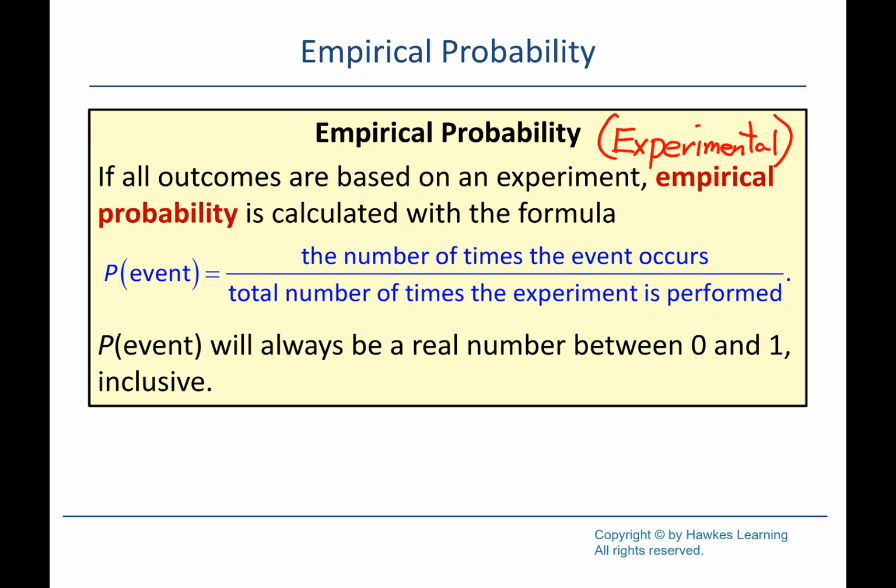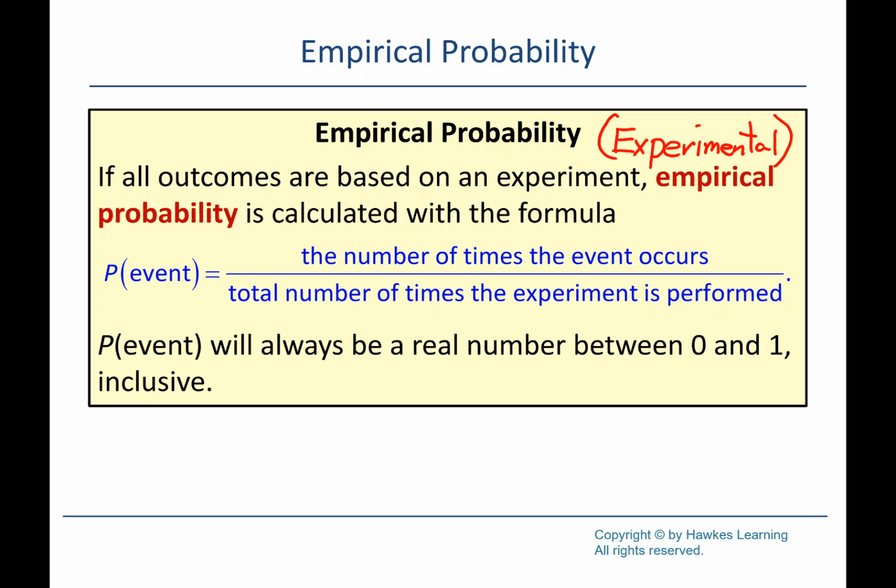So what's going on here is maybe I want to know the probability of somebody's favorite pizza topping being pepperoni. Then in order to do classical probability, I would have to ask every person what their favorite pizza topping was, and then take the pepperonis and divide by how many people there were.